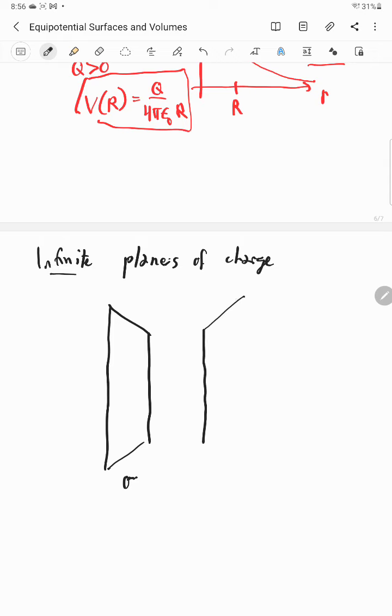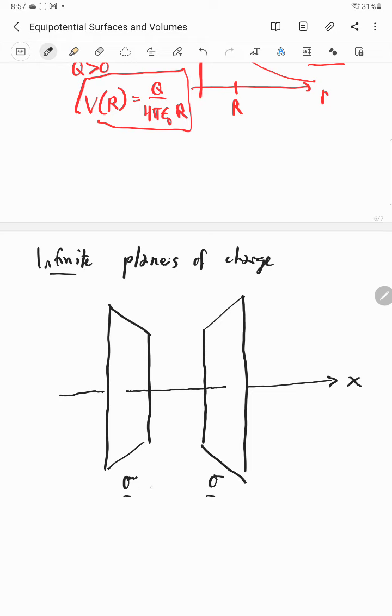If I have two of these planes, so let me finish my drawing really quick. I have two identical planes, so same uniform charge density sigmas, and let's say that they're separated along the x-axis. So here's the positive x-axis out to the right, and that's the negative x-axis.